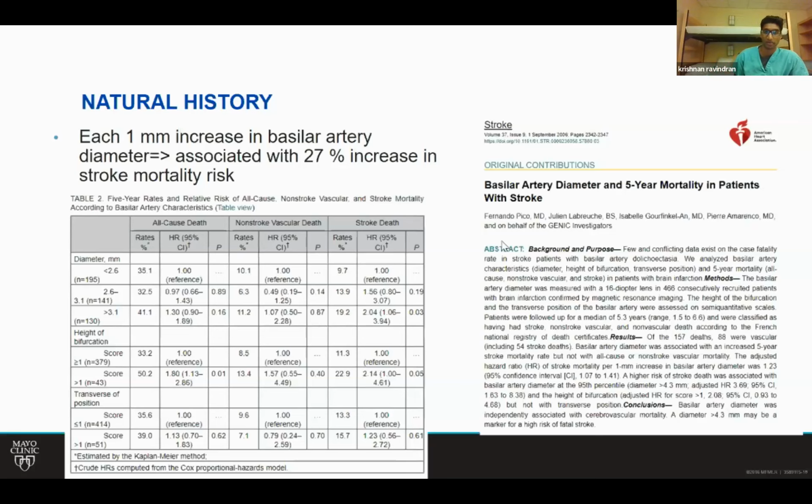In this paper in Stroke from a few years back, they look at the basilar artery diameter in a longitudinal cohort, and they were able to characterize the actual increase in mortality from ischemic events with each millimeter increase in basilar artery diameter that you see depicted in the table on the left. Each 1 millimeter increase in basilar artery diameter was associated with more than 25% risk in stroke mortality. And as you can see on this table, the all-cause mortality in their cohort of just under 200 patients was 35%.